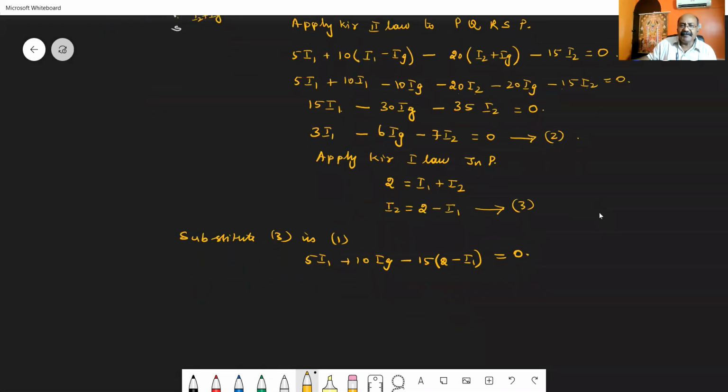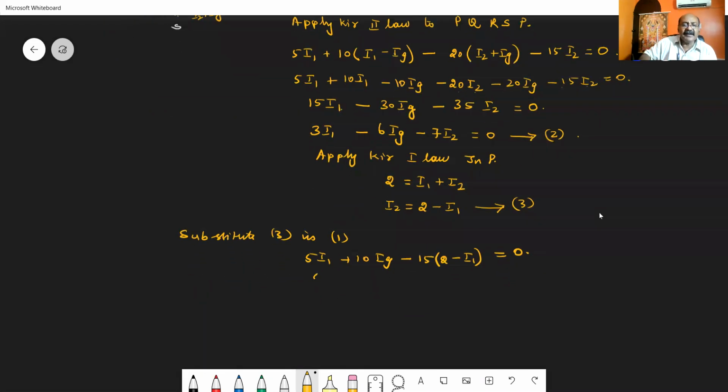Simplify: 5I1 plus 10Ig minus 30 plus 15I1 equal to 0.